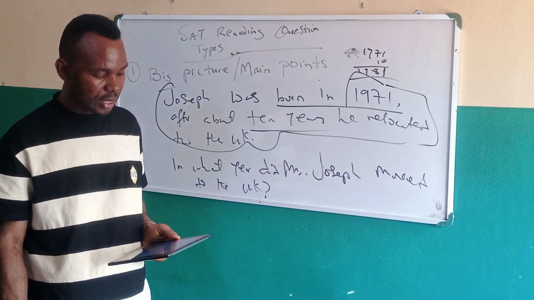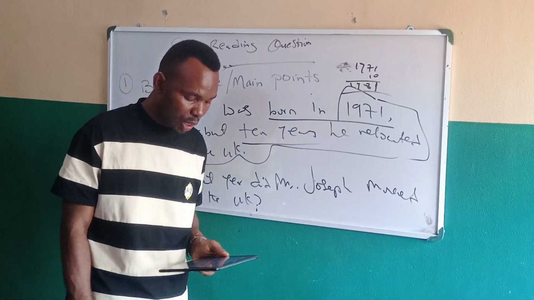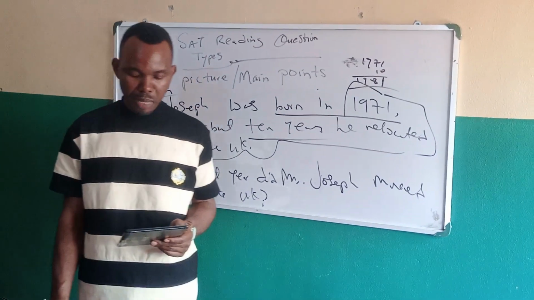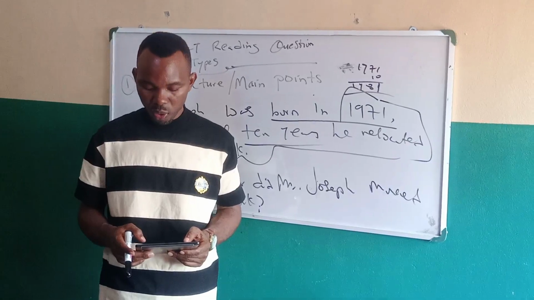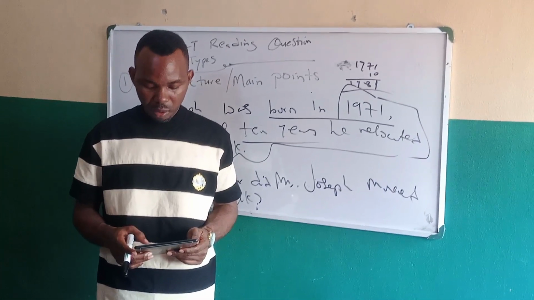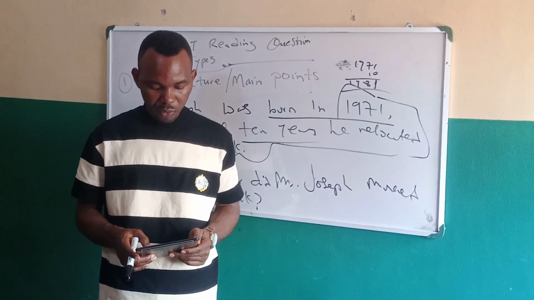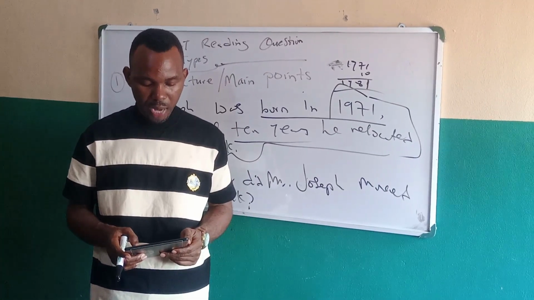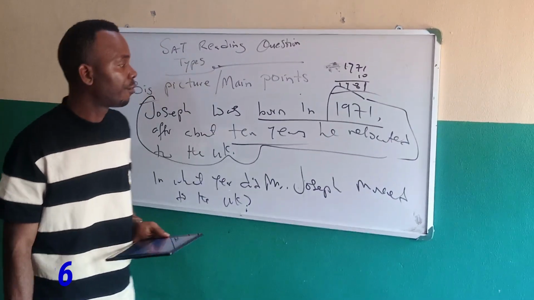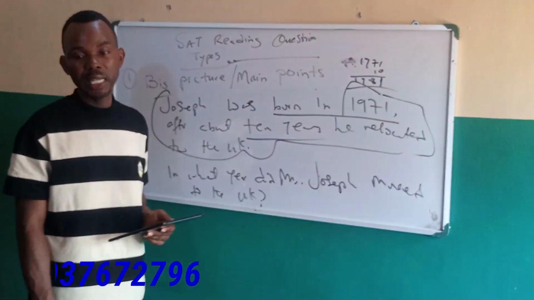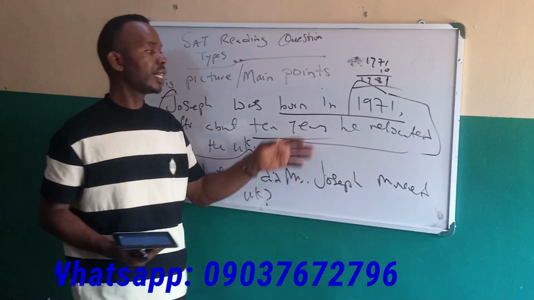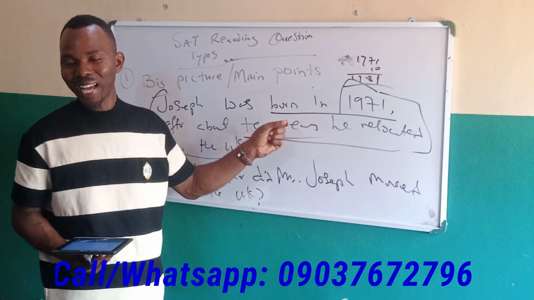Vocabulary in context. This question type asks you about the meaning of a specific word. All right. Now, why it is called vocabulary in context is that you don't just take the meaning of such a word in isolation.